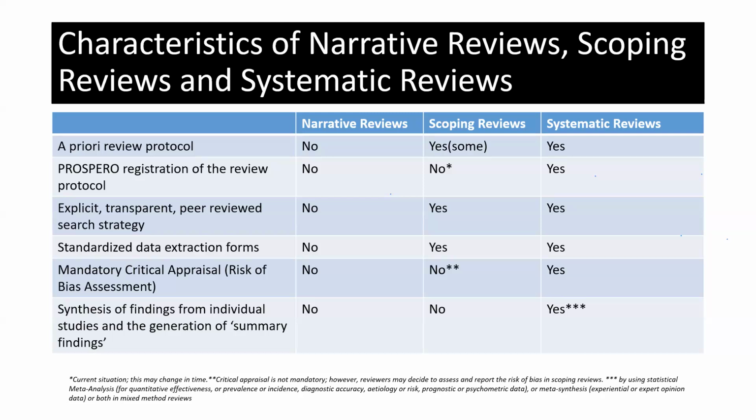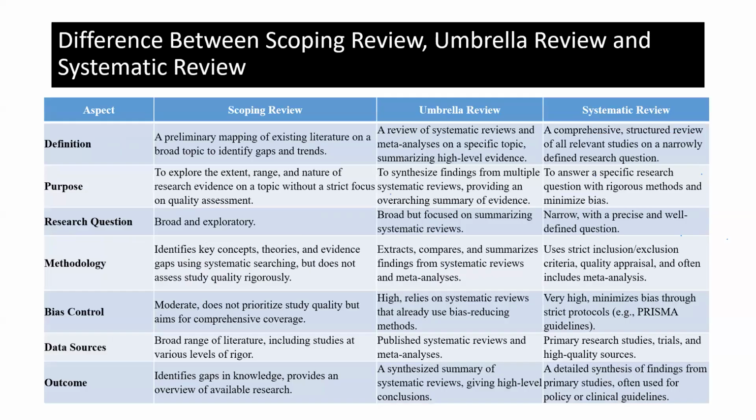But in some areas of research, you find many studies, randomized controlled trials, or cohort studies, or case control studies, and there is enough evidence available, and you want to find out the quality of evidence and at what level it is, then you can do a systematic review.